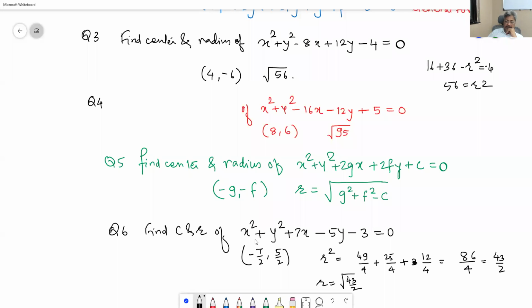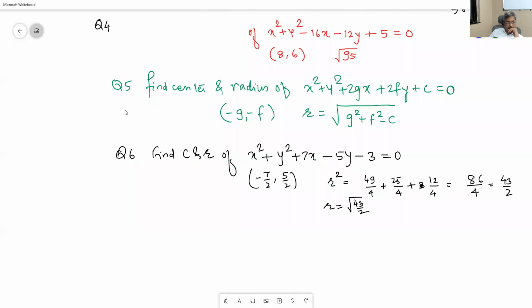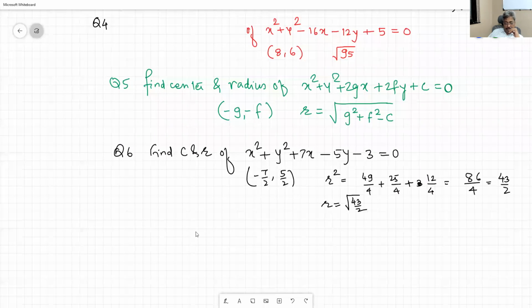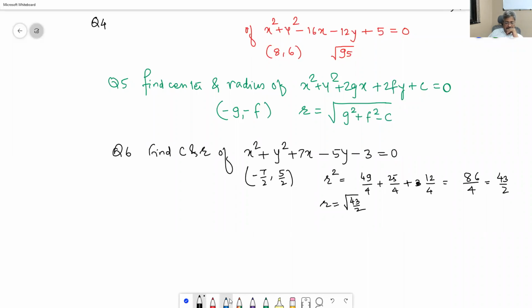Okay, this is the center. Now from problem number 5 we will generalize, and actually we will get the characterization of the degree 2 equation that looks like this.